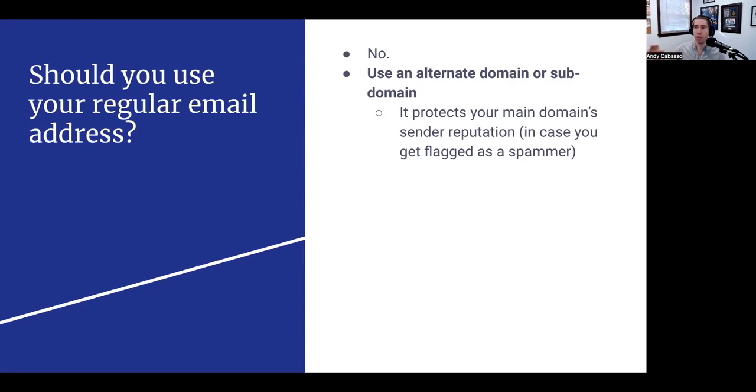So in case the worst case scenario happens and your emails are all going to spam from this domain, it won't affect your day-to-day business. But to Robert's point about authenticity, if I'm sending an email from another domain or a Gmail when my business domain is this, is it going to look suspicious?